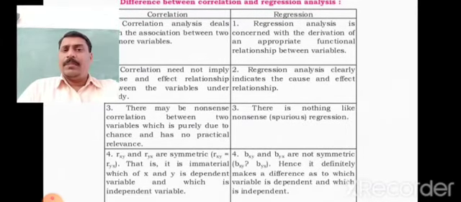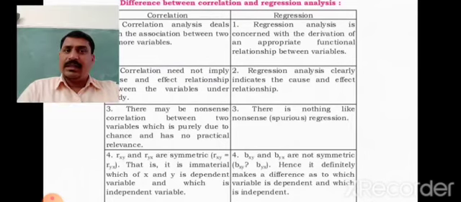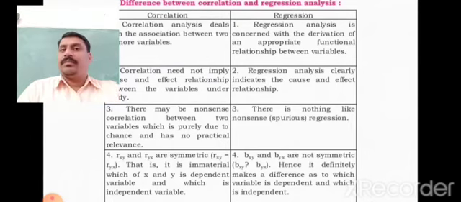Then the third point is there may be a nonsense correlation between two variables which is purely due to chance and has no practical relevance. But in regression we cannot say there is a nonsense regression. There is no such thing.